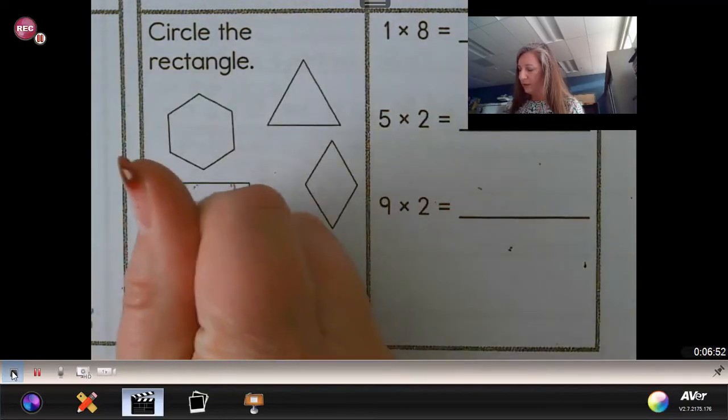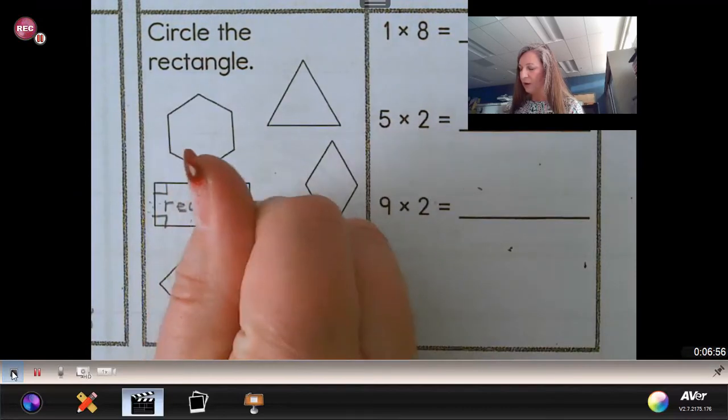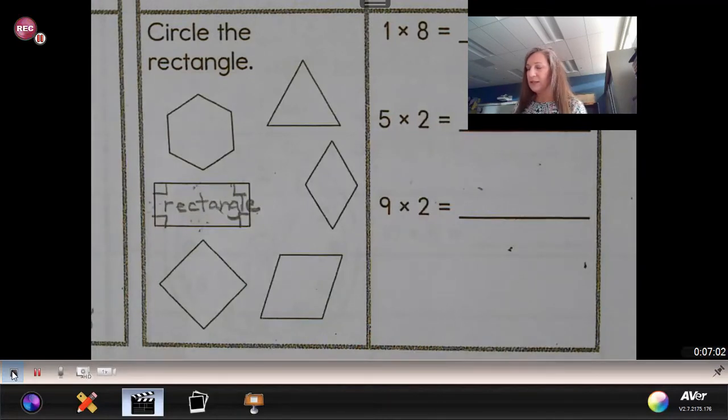Now, I bet you didn't know that a square could also be a rectangle if we follow what it says about a rectangle. So we said a rectangle has 2 pairs of equal sides.